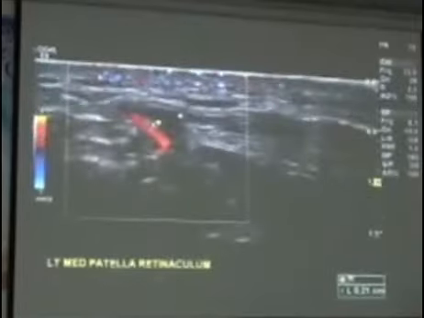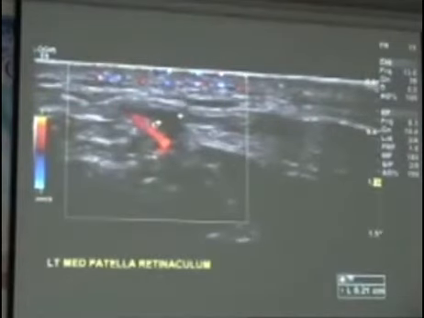So this is where it's very important to actually get the patient to point with one finger where they're sorest. So this patient was able to identify on the medial patellar retinaculum a very focal point of pain, and what that correlated to was this little hypoechoic structure just penetrating in through the retinaculum.